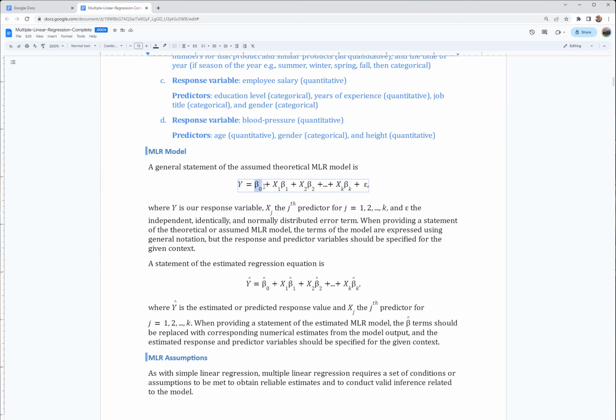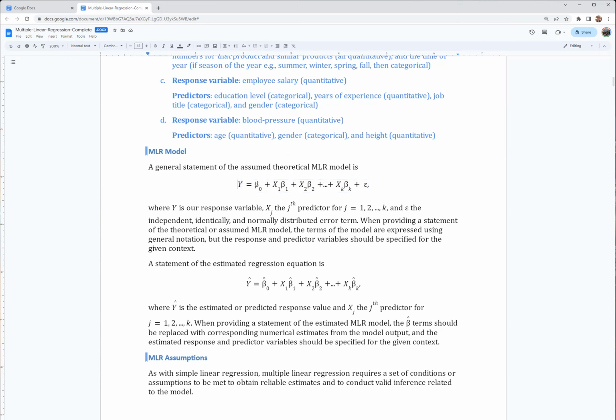So we have some constant number plus predictor 1 times a different constant plus predictor 2 times its own slope or constant, and so on. And then lastly, plus a residual or error term. Okay. So this is the relationship that we assume is true between all the x's and the y variable here.